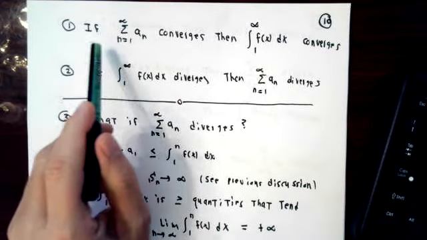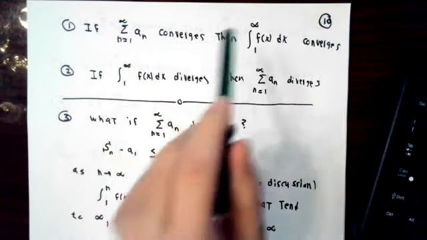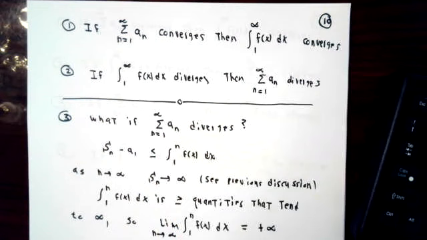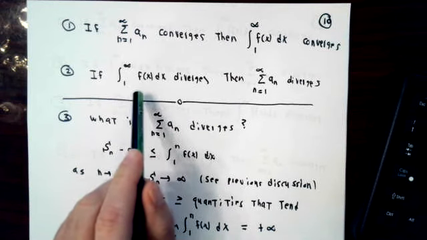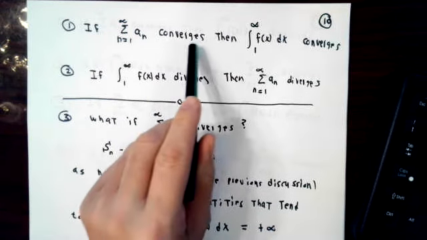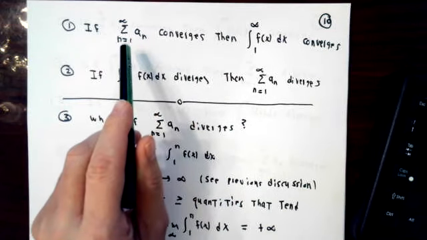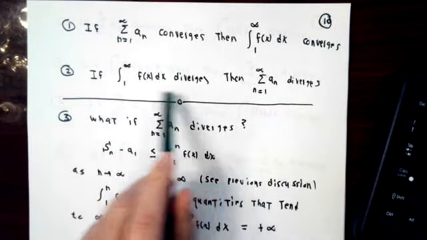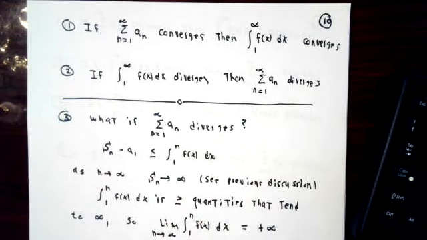Not only is it guaranteed to be true that if the infinite series converges, then the integral converges, but also if the improper integral does not converge, if the improper integral diverges, then it's not true that the infinite series converges. If the improper integral diverges, then the infinite series diverges as well. This is all the mileage that I'm going to get out of the statement if the infinite series converges.